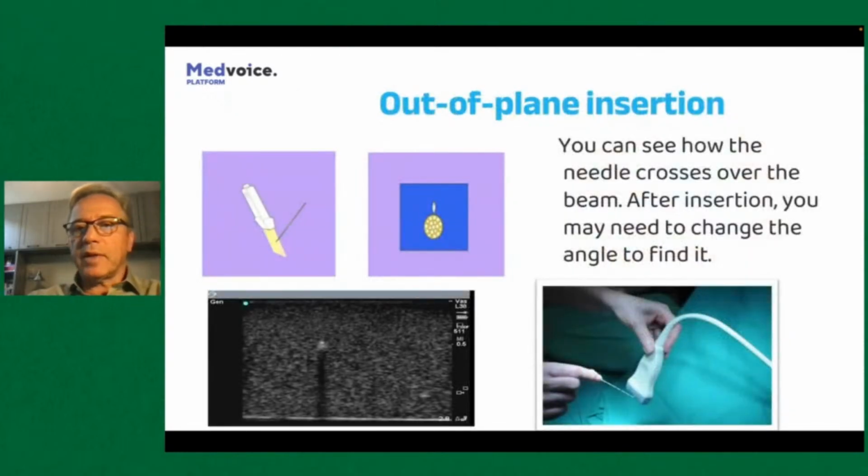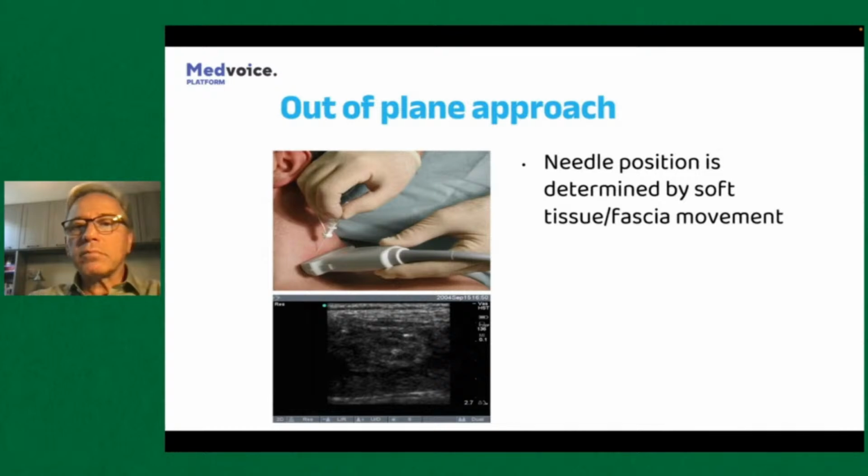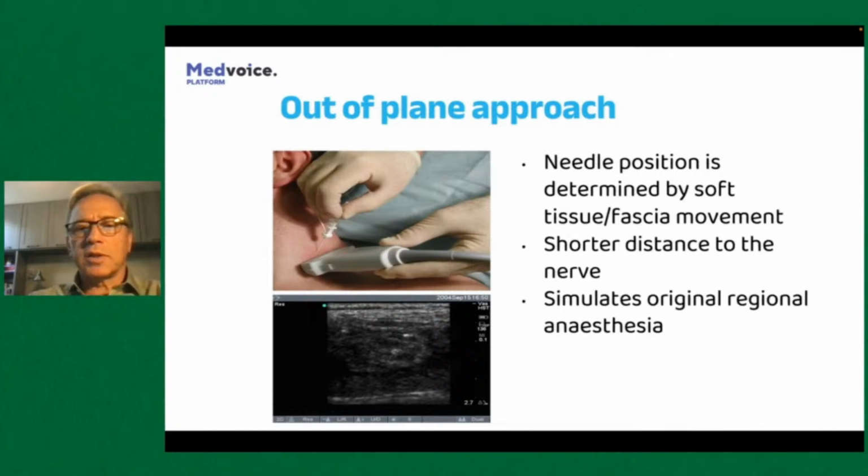Out of plane, you can see how the needle crosses over the beam. After the insertion, you may need to change the angle to find it. So you will see like a little dot. You will see only the tip of the needle with this approach. Needle positions are determined by soft tissue and fascia movements, with a shorter distance to the nerve.